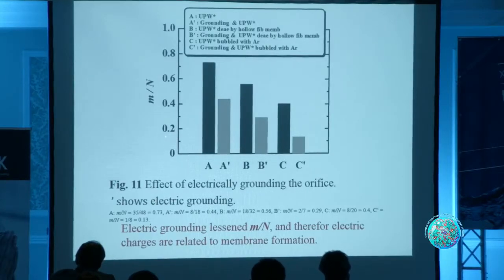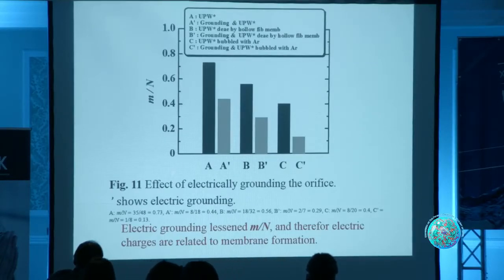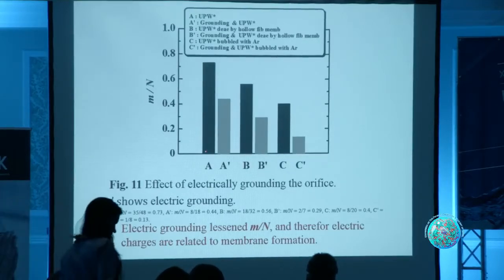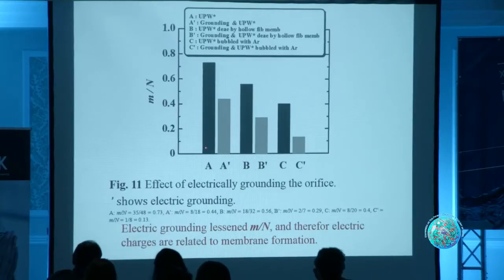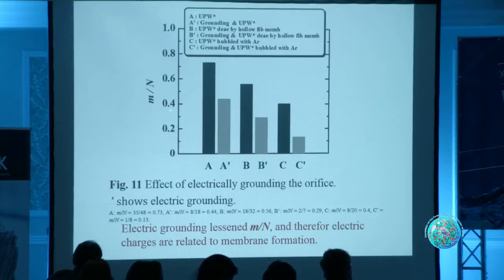The vertical coordinate means the probability of membrane formation, and on the horizontal coordinate, black is the formation n by n obtained with no grounding, but gray shows the grounding.